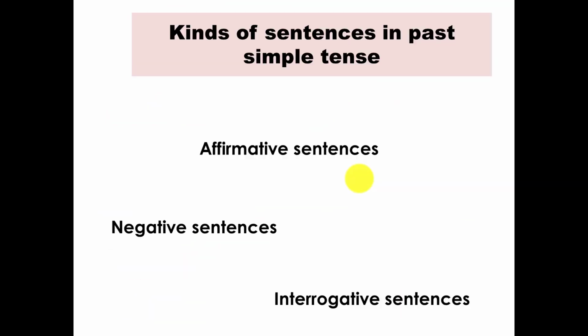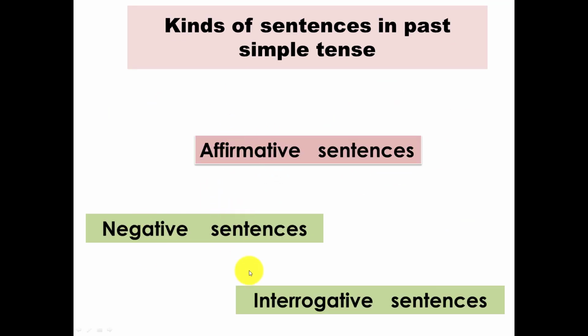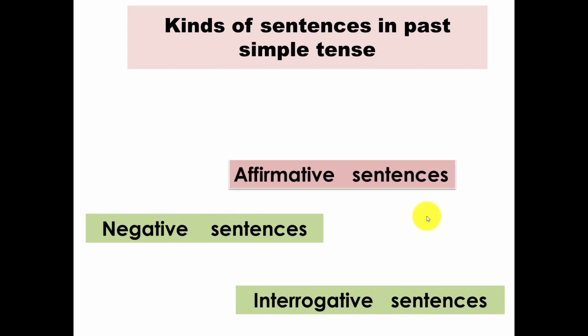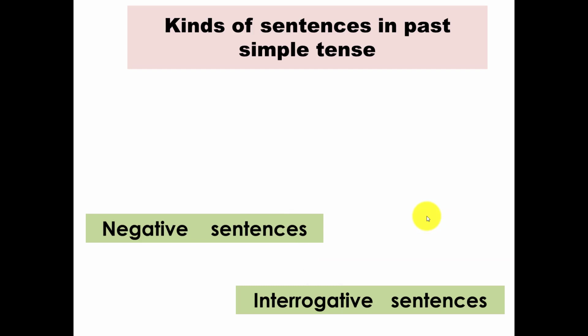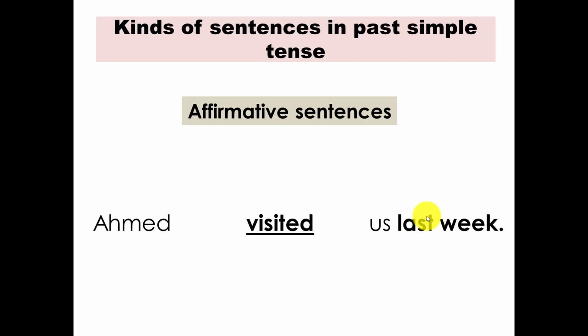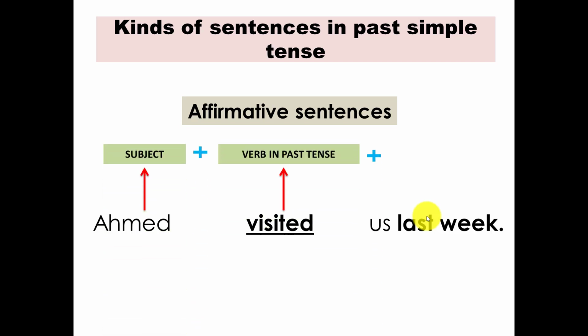The kinds of sentences we have in simple past are affirmative, negative, and interrogative sentences. In this video, as I said, we are going to focus on negative and interrogative sentences because we have already seen the affirmative form. As we said in the previous video, the affirmative form contains a subject, a verb in the past simple, and a complement.